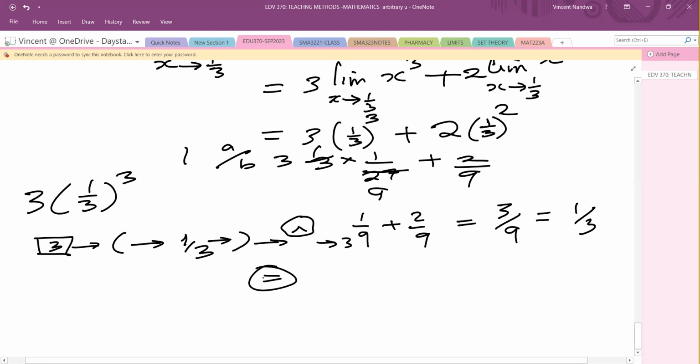I think that's an error, are you sure? Whether this is correct or wrong, I told you: you click 3, open brackets, 1/3, close bracket, raise, then 3.